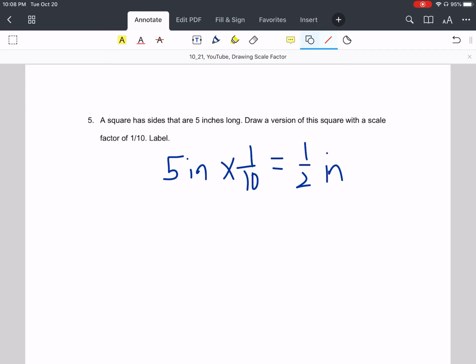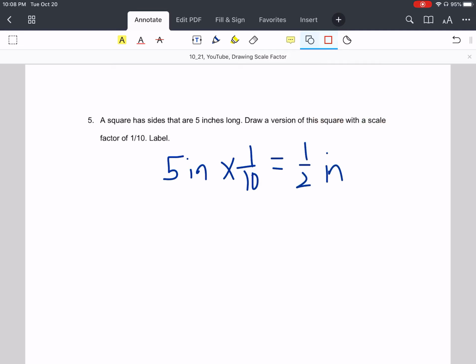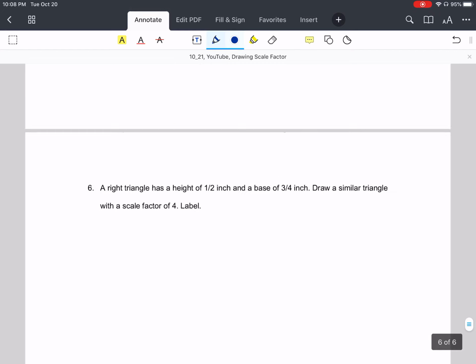So the square that I am drawing, each side is going to be 1/2 inch. So that is pretty small. Let's say it's roughly that size, and then I just need to label 1/2 inch. That is our square.